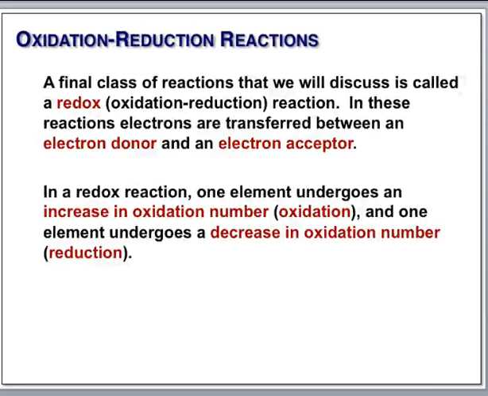All right, let's go and do redox. As we've said, in a redox reaction, the oxidation number of the elements can change. We're going to have 2 ways that this will happen.